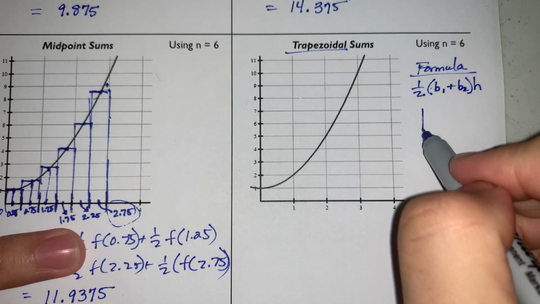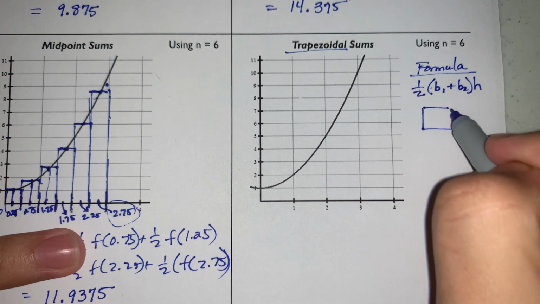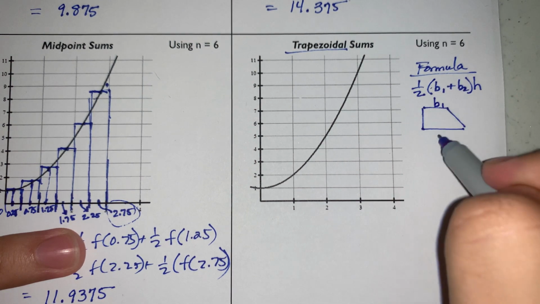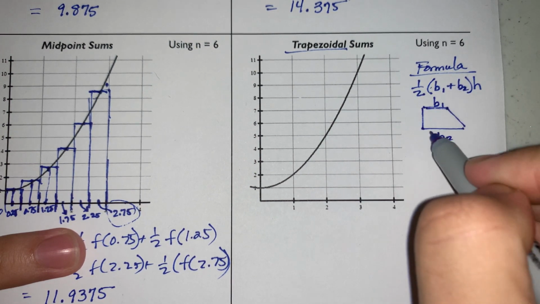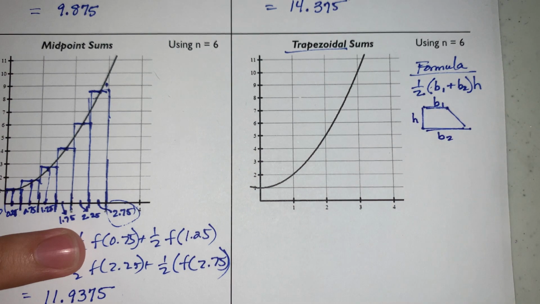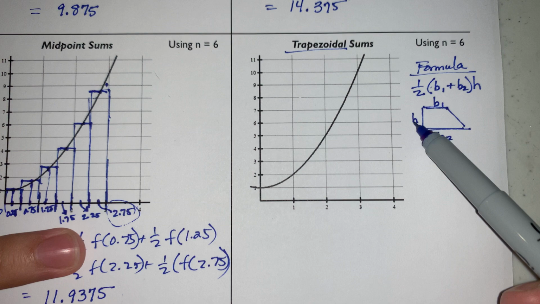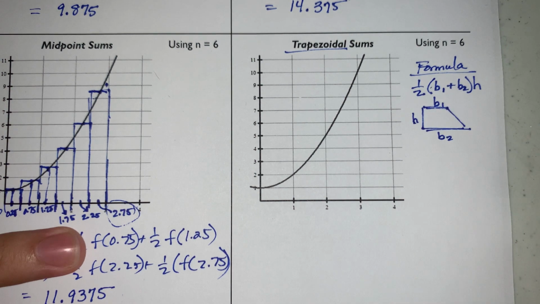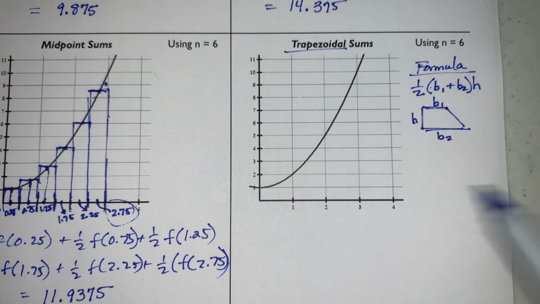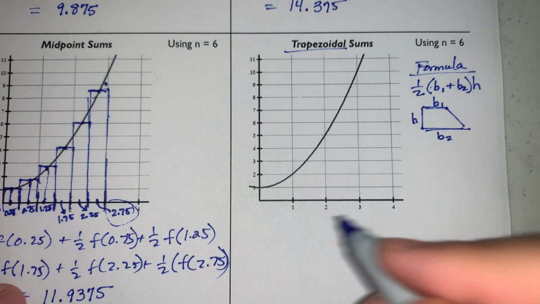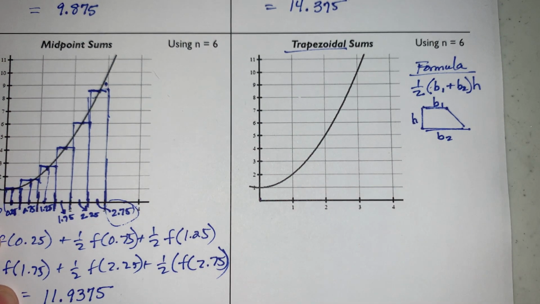So if I had a trapezoid right here, you would have the length of base 1, the length of base 2, and here you have a height. You add those two bases together, times it by the height, and then divide everything by 2. And that's essentially what we're going to do when we're creating these trapezoids. So just to show you guys what that looks like.